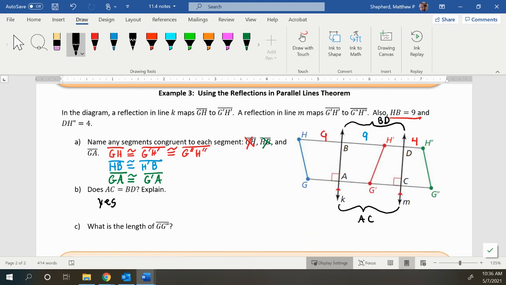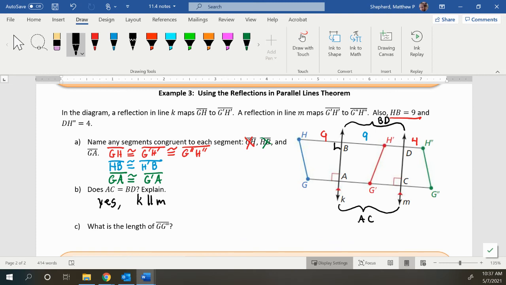And it is because the line K is parallel to the line M. And because they're parallel, they're always the same distance from each other. And because all of these are right angles, those lines are creating the shortest distance to each other. So by knowing that they are parallel, we know that those two distances must be the same.